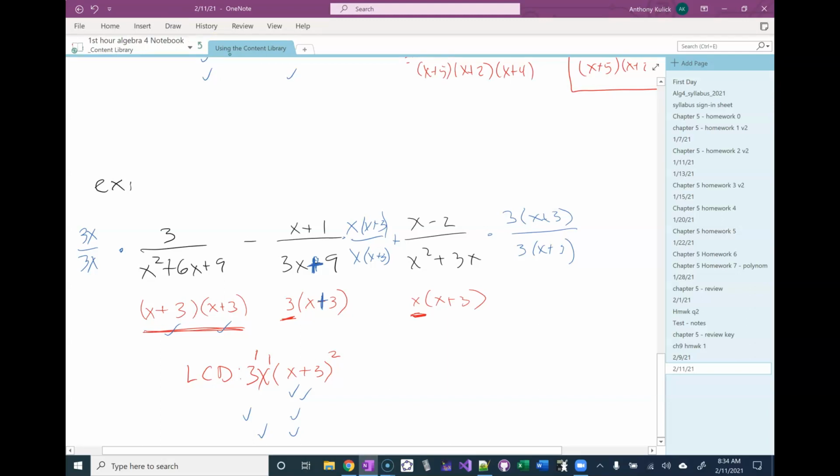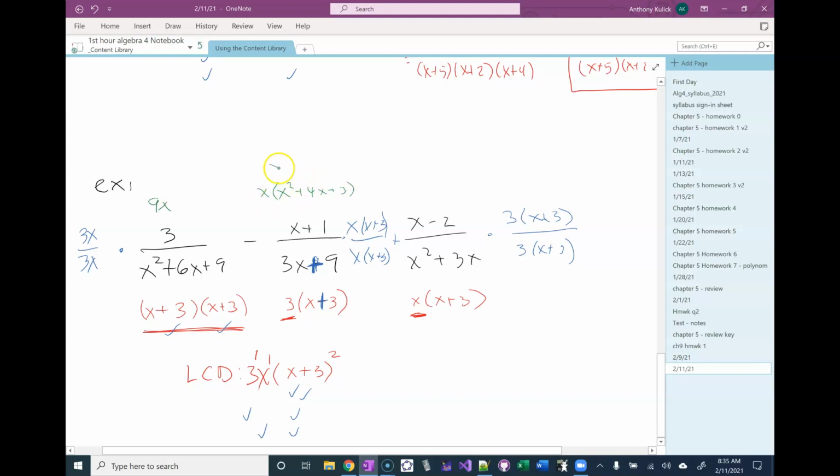Okay, so let's start multiplying some of these numerators out. So 3x times 3 is 9x. x plus 1 times x plus 3 is x squared plus 4x plus 3.